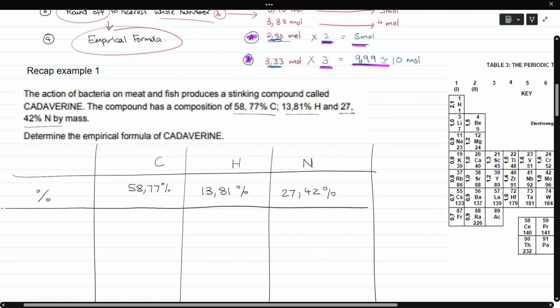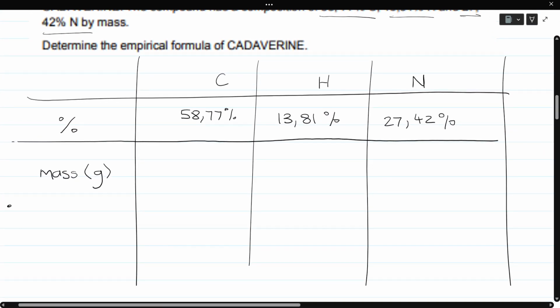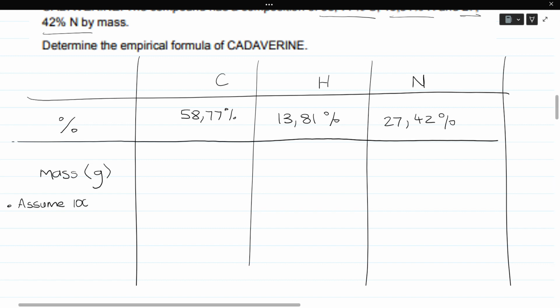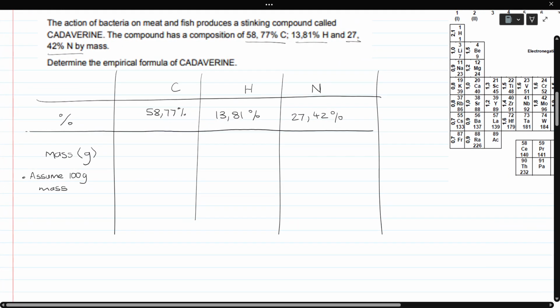So we've got it in percentage here, we need to convert into mass, and our mass needs to be in grams. So we need to write a little note here, which I mentioned to you guys the first time we did this. You need to assume that you have 100 grams of mass. So this just tells the person who's marking why you can simply take these values and convert them to grams.